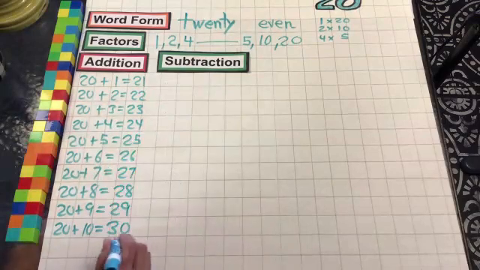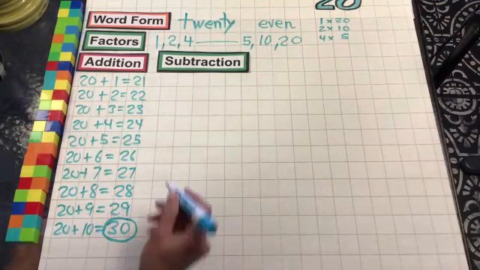All right, let's go to our subtraction. So we always start with the last number we had here in our answer.